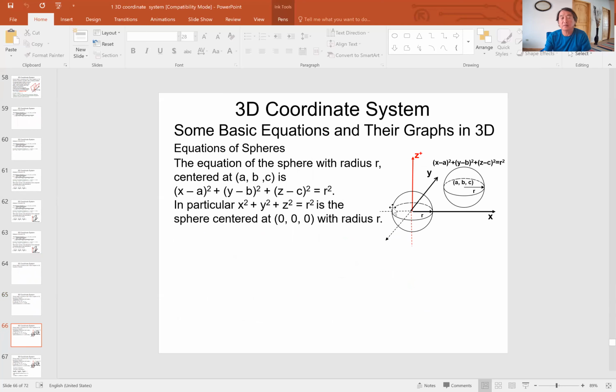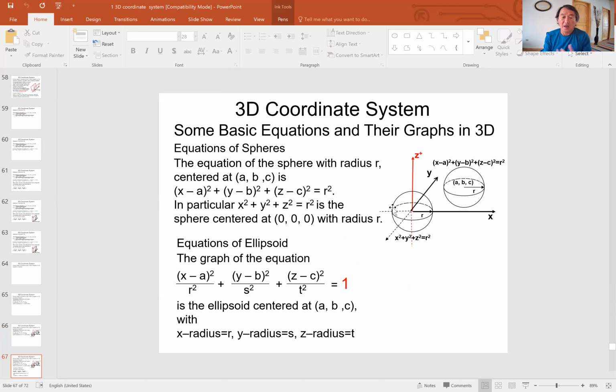And this is the equation for a sphere. It looks like the 2-dimensional version. And this is the equation for ellipsoids. And just like for the 2-dimensional ellipse, I have the horizontal axis. It came from the standard equations.